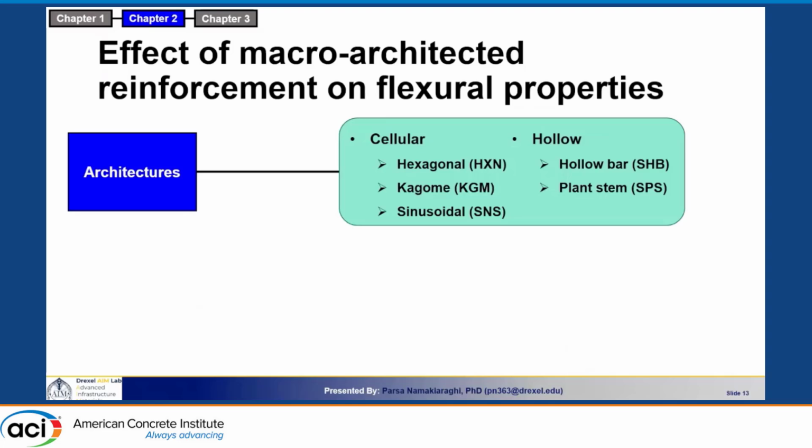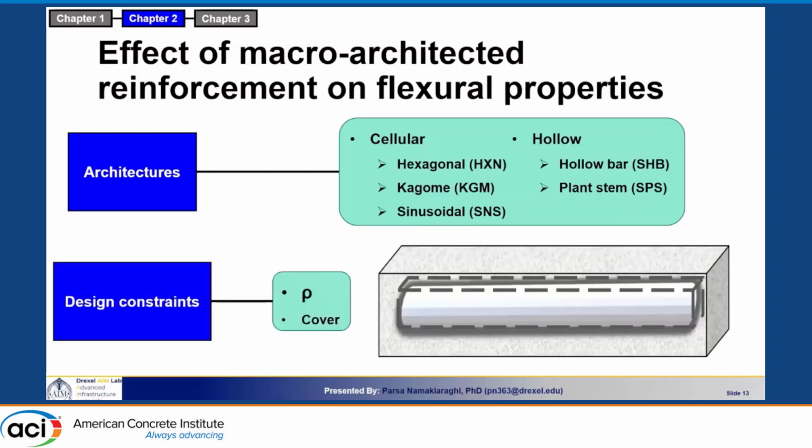and finally we came up with 3 different architectures for our cellular category and 2 different for our hollow. And for our hollow, basically the difference between hollow bar and plant stem was the fact that in plant stem we had a secondary hollow architecture that was presented in the previous photo.